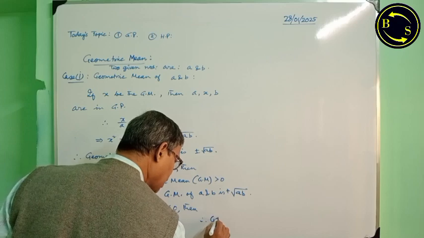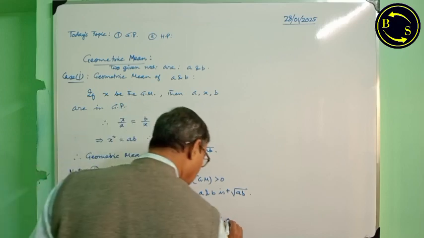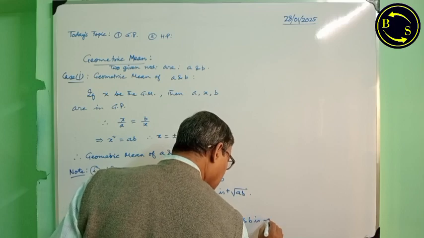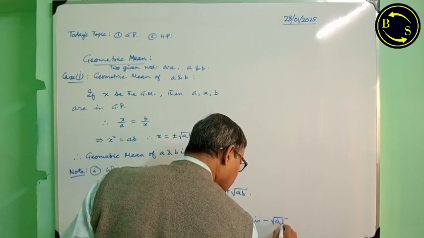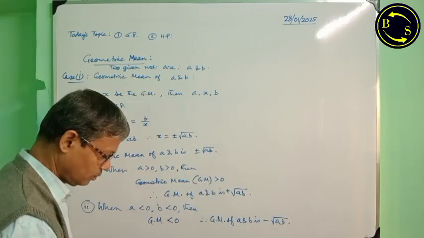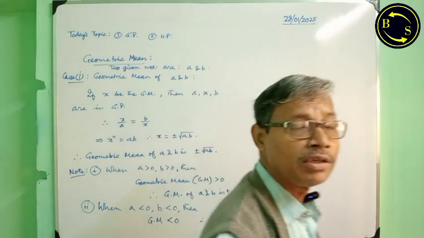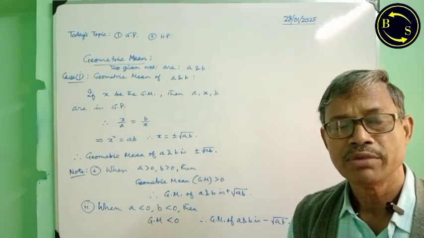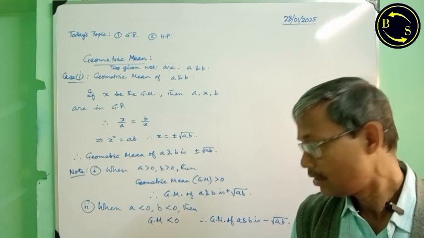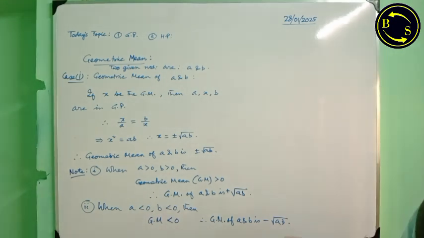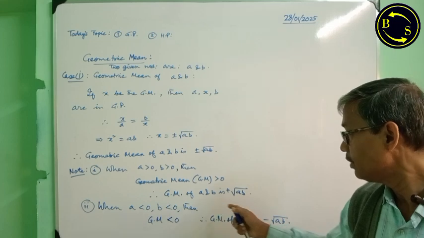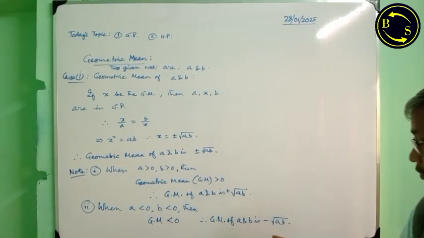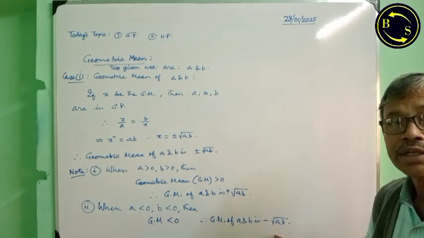Therefore, GM of A and B is minus root over AB. Note this, but if one is positive and the other is negative, we cannot determine the geometric mean. Remember this one. When A, B both positive, then geometric mean will be plus root over AB, and when A, B both are negative, then geometric mean will be minus root over AB.